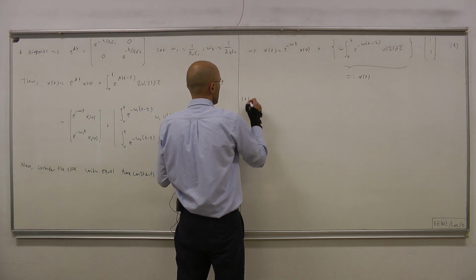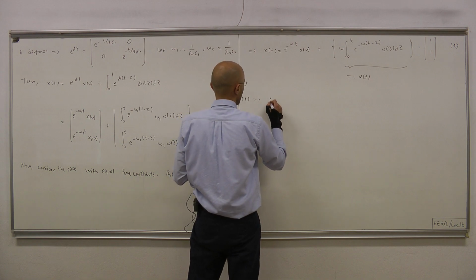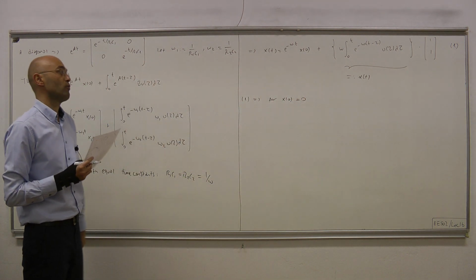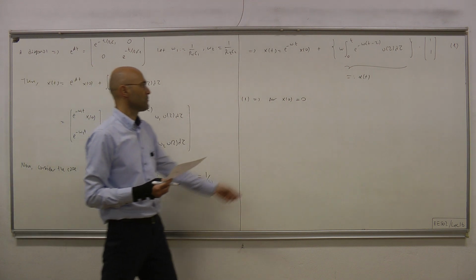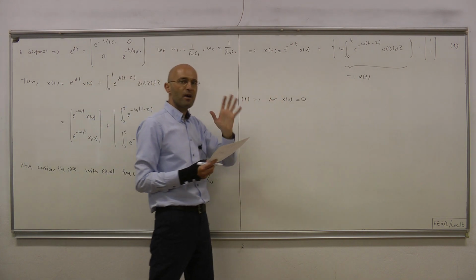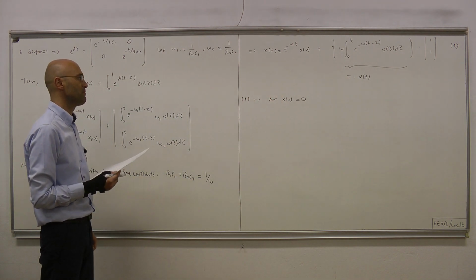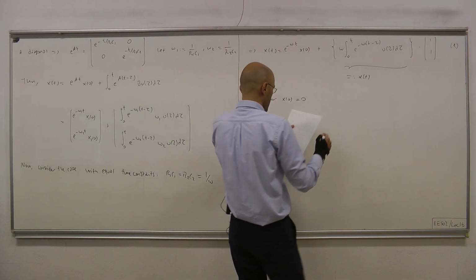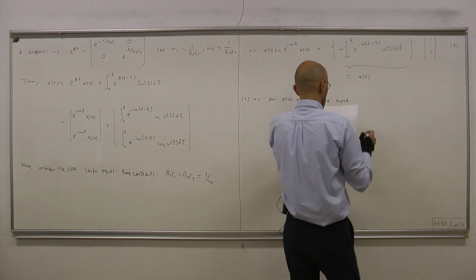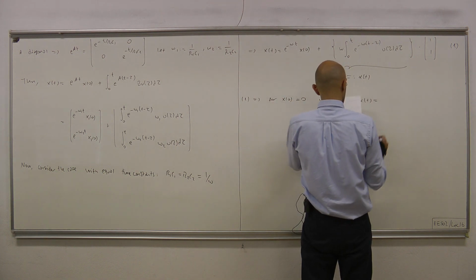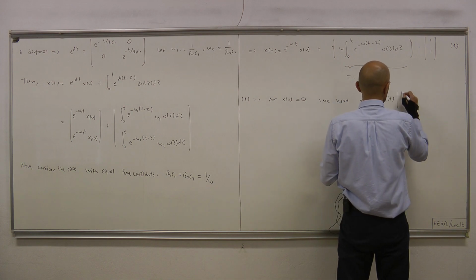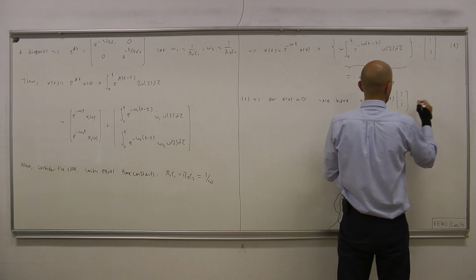Now, equation 1 implies the following: for the initial condition x equals 0, that is, for the case where we start from the origin, where the capacitors are initially empty with no charge, we have x of t equals alpha of t times the vector 1, 1.